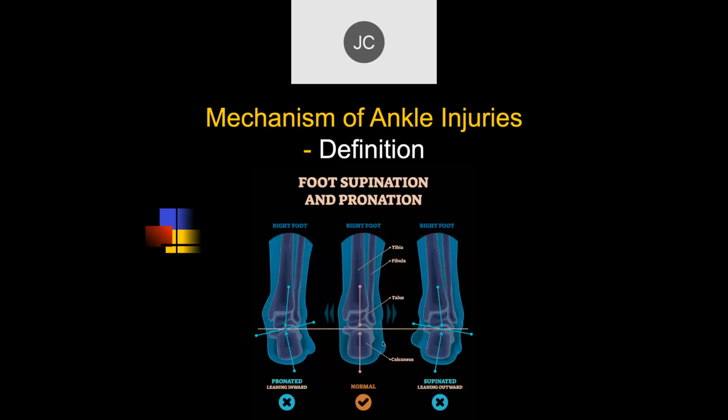If you take the foot and angle it so that it rotates toward the lateral side, that's pronation. If it rotates toward the medial side, then it's supinated. Okay, so that's foot supination and pronation.